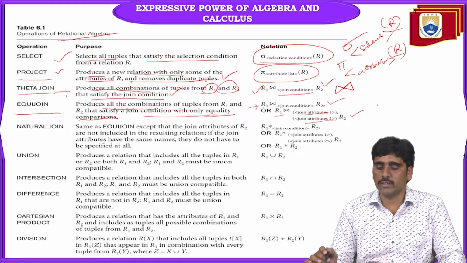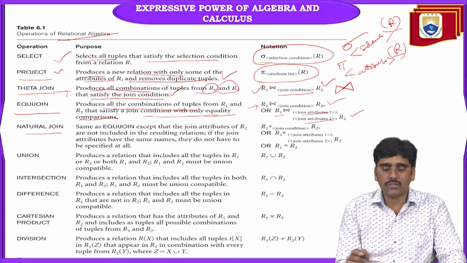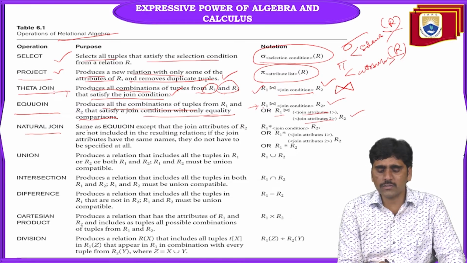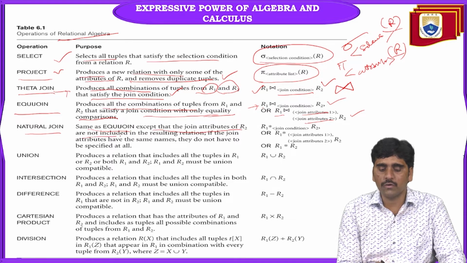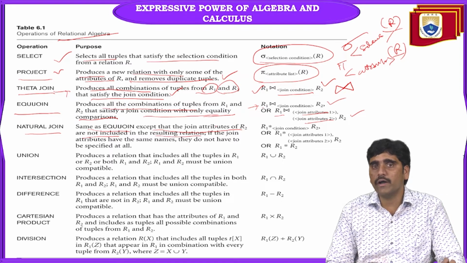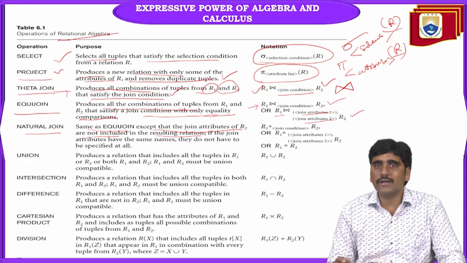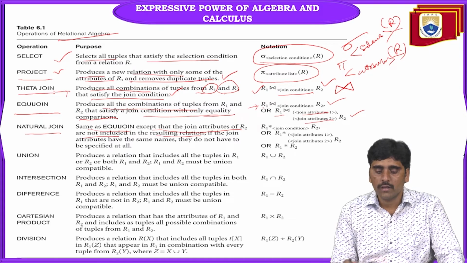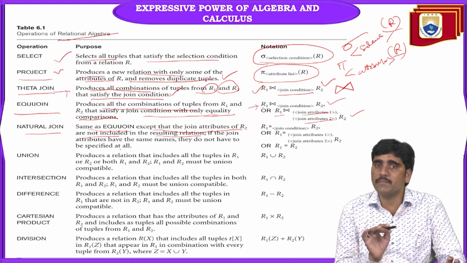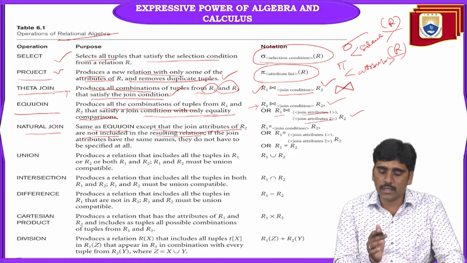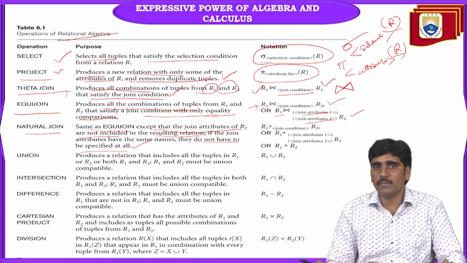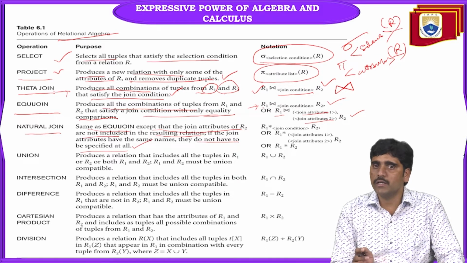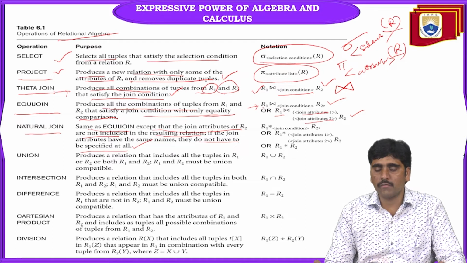So join together. The next one, natural join. It is the same as equi-join, except that the join attributes of R2 are not included in the resulting relation. If the join attributes have the same names, they do not have to be specified at all. If the join attributes of the two tables are the same, then you don't need to mention the fields.